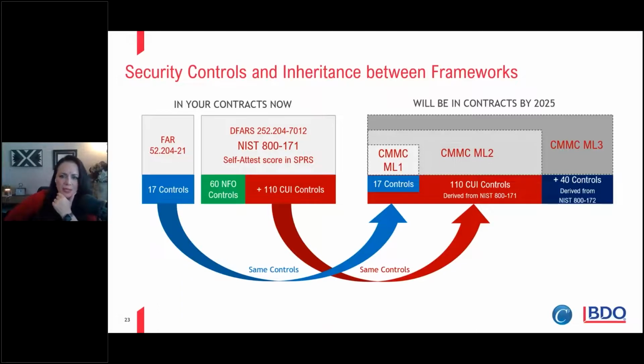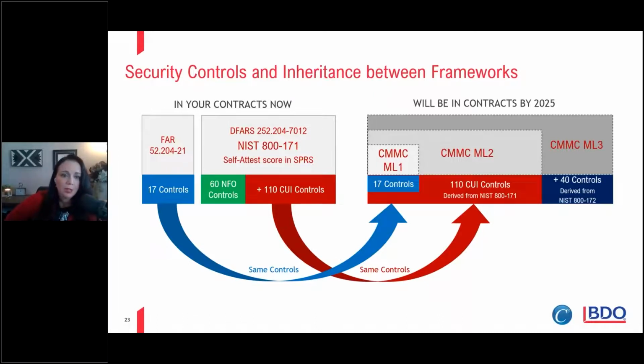One of the things I want to show you is the progression of what is in your contracts now, and then what we anticipate we'll be seeing in the contracts by 2025, and later for some of you, but we know that's hopefully going to be a threshold date for the DOD. What you see here is that FAR clause that helped us define what FCI is, that bare minimum threshold.